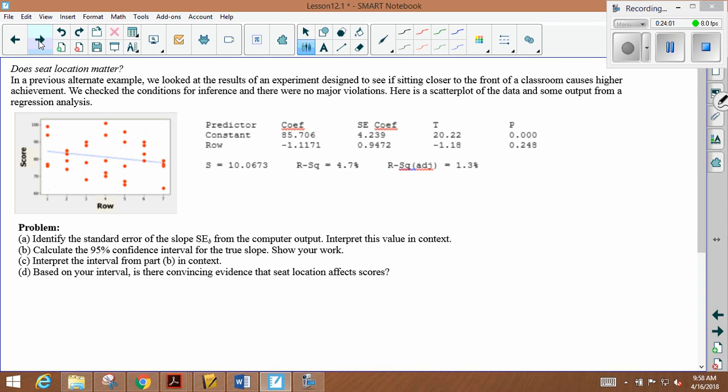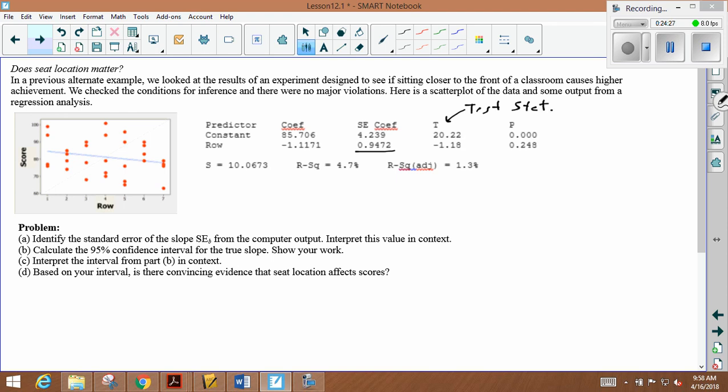So we get to look at some Minitab outputs that we had not used before. The one that we really need is this. We actually get a T test statistic here, so this is our test statistic.